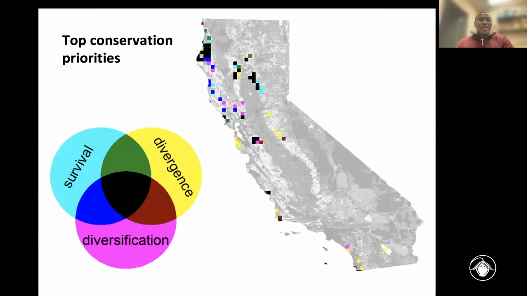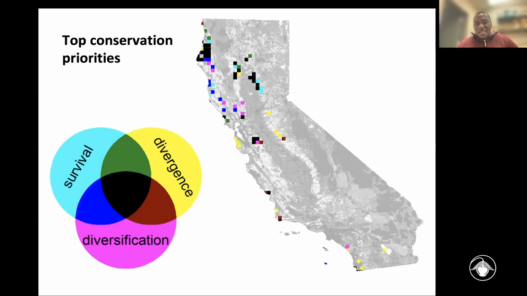And so again, running that analysis, this was the result. And so I'm going to walk you through this result, or the map. So first, looking at the map of California itself, you can see that there are shades of gray on that map.